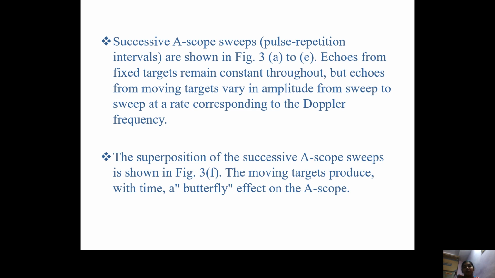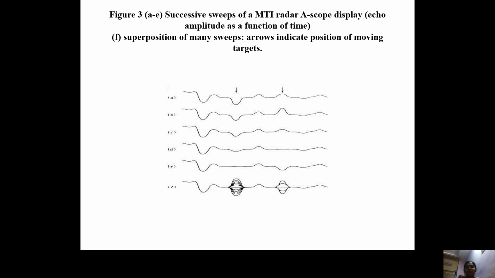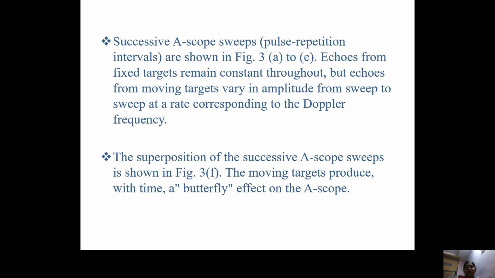The superimposition of successive A-scope sweeps is shown in figure 3F here. This is nothing but the butterfly effect, which indicates to us that the target is the required moving target, but not a fixed target.